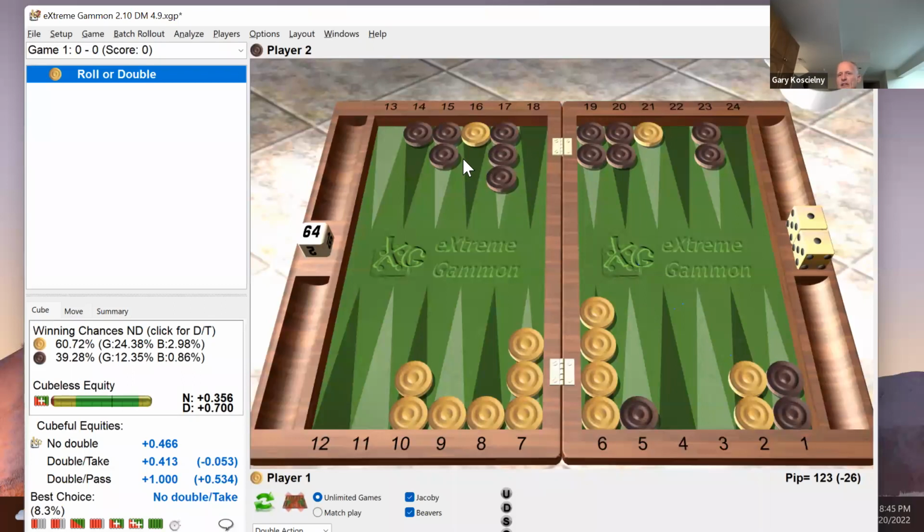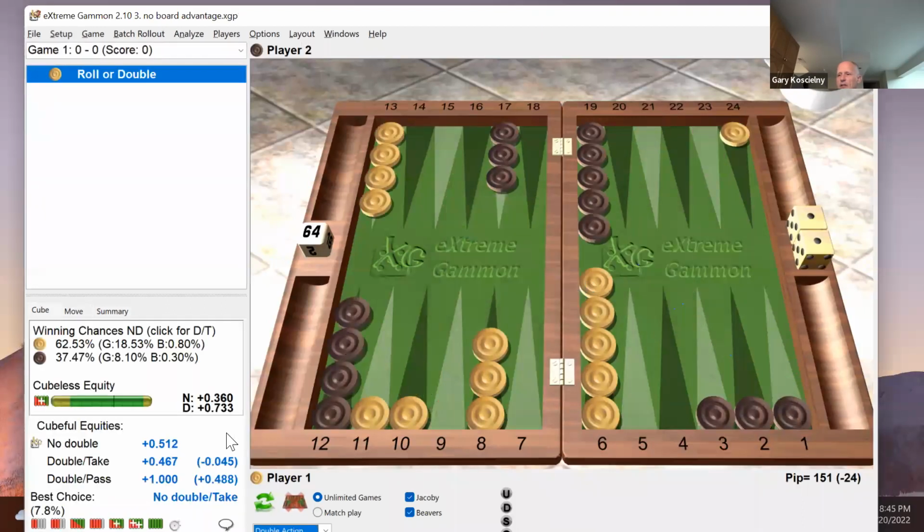Even if I dance, it's going to take white a while to bring in. So even if he hits both blots, I should be able to bring them in and build my board further. Okay, let's do one more.